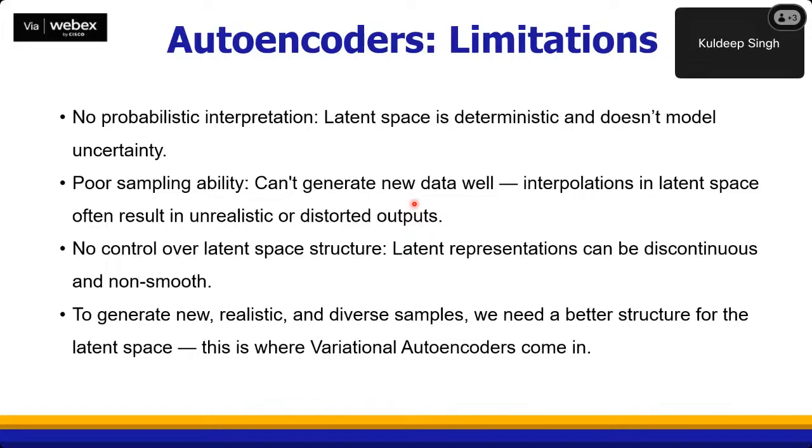So autoencoders are not generative models, but they form the base of another model which is generative in nature, that is the variational autoencoder. If we want to generate new, realistic, or diverse samples, we need a better structure for the latent space, which is given by the variational autoencoder.